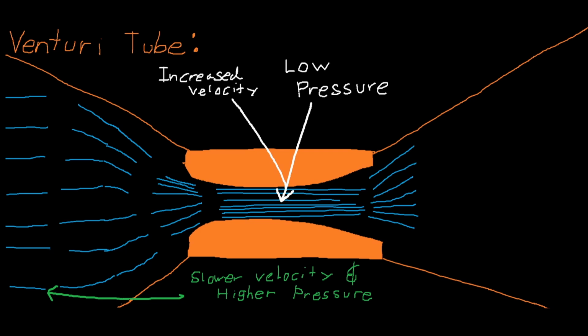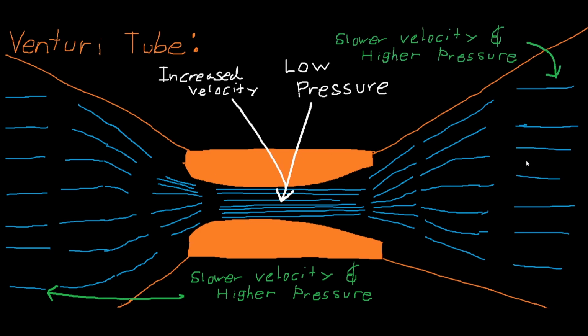As it continues to flow, you can see passing through the Venturi tube, it's going to separate back out into its typical flow, and at the end it's going to reach the same velocity and that higher pressure it started with. So as the air starts at higher pressure, it gets squeezed into the Venturi tube, forcing it to go faster. As it goes faster, it decreases pressure, and then as it exits, it fills back up that extra space and then slows down and goes back to that high pressure state.